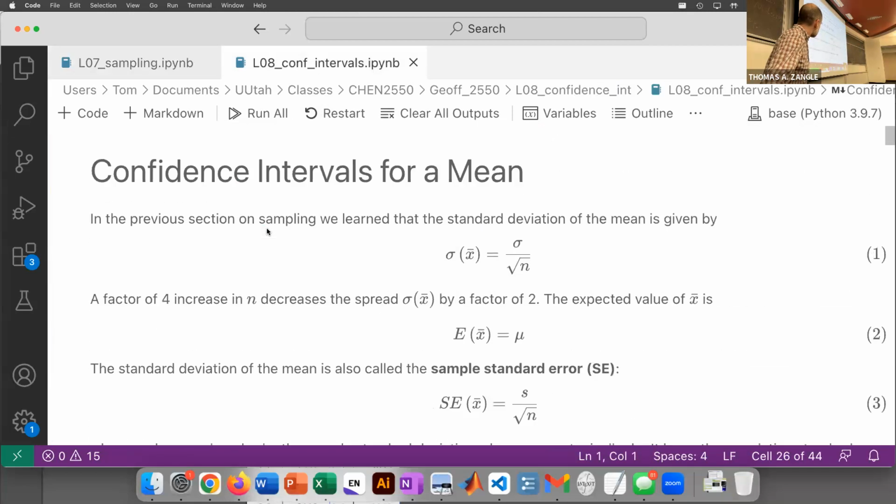So next is lecture 8, where we're going to talk about confidence intervals for the average value that we observe. This is where we get into more rigorously looking at the probability of seeing a mean of a specified value or within a specified range.